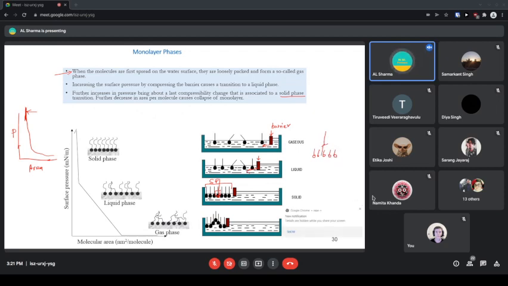Once it appears here, you push it down, and the molecules are going to form over this substrate as one layer.